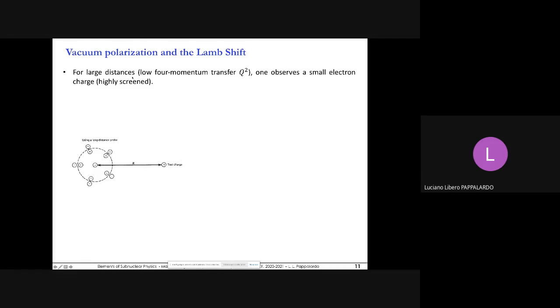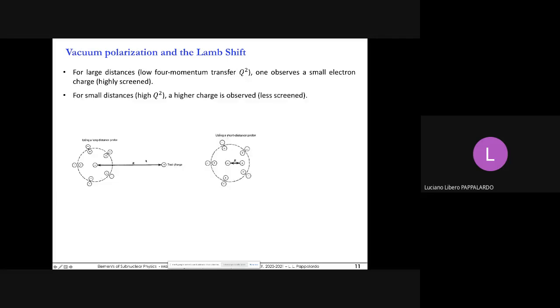So for large distances, this corresponds to low momentum transfer, of course. One observes a small electron charge, because if your test charge is far away from your electron charge, then the original electron charge is partially screened by your positron cloud. You are looking from outside.